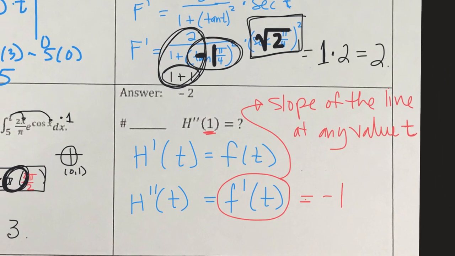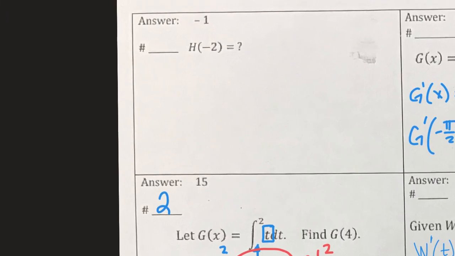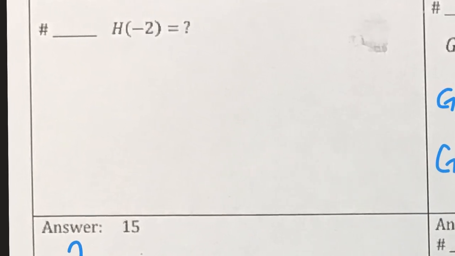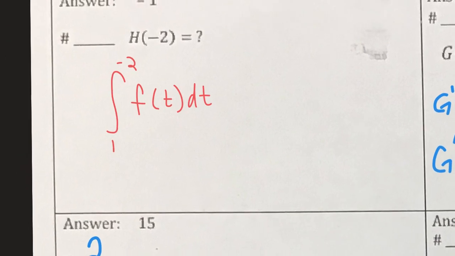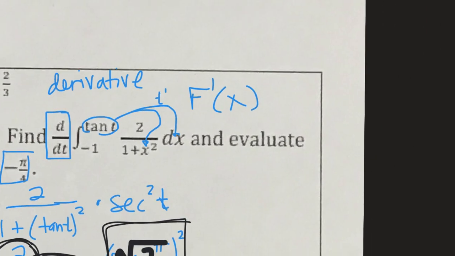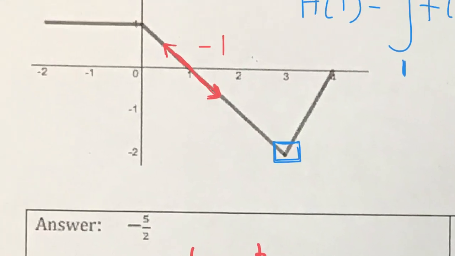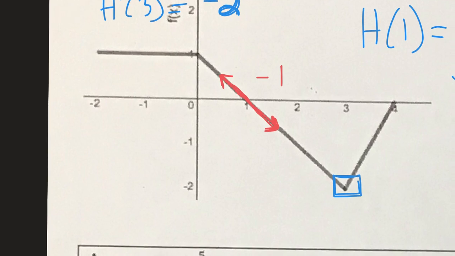And this takes us to our last question over here, h of negative 2. So we're going to evaluate the integral from 1 to negative 2 of our function. Let's come over here and see what that area under the curve looks like. We're evaluating it from negative 2 to positive 1. So here is our shape. This is a bit of geometry.